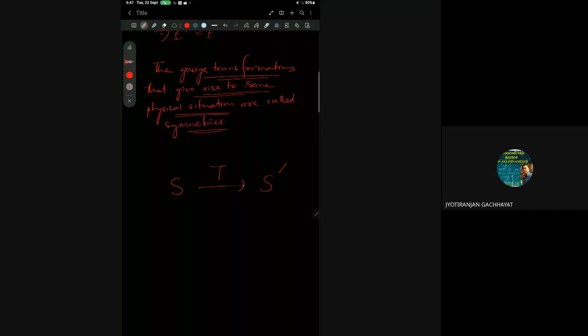If S and S prime are physically the same situation, then that kind of transformation basically leads to symmetries.